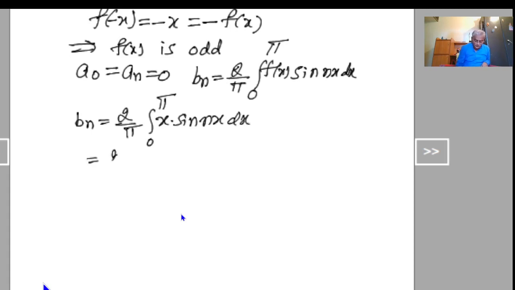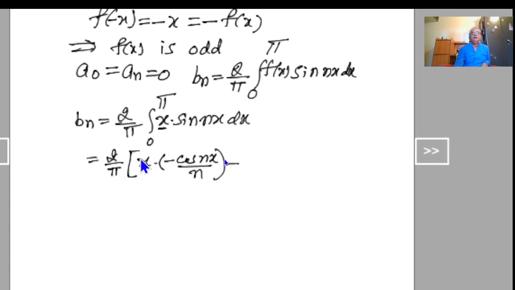This is equal to 2 by pi, integrating, taking this x as the first function: x into sine, integration is minus cos nx by n, next minus sine, derivative of x is 1 into integral of this bracketed quantity, that is minus cos integration is sine, that is sine nx by n.